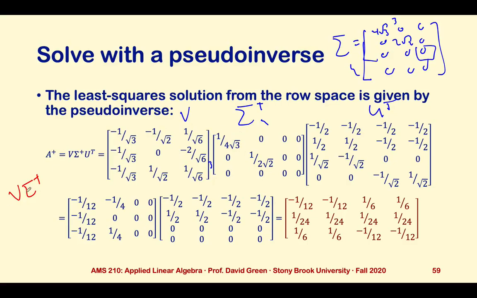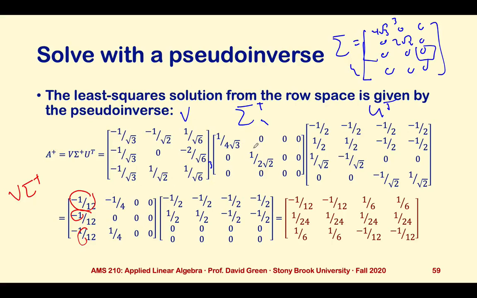So this V sigma plus will have these columns scaled by the appropriate entries here. 1 over root 3 times 1 over 4 root 3 is 1 over 4 times 3, or 1 over 12, with the negative sign. So we get this for every one of these because they're all identical.